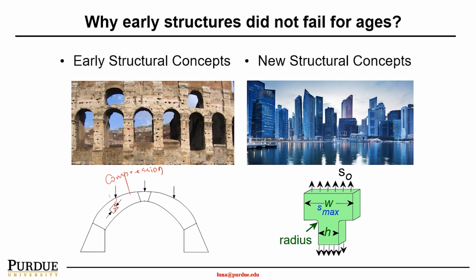So the size of the crack would not be extended. So there is not much chance for a crack to grow or propagate. Number one. Number two, most of the designs use an arch design.